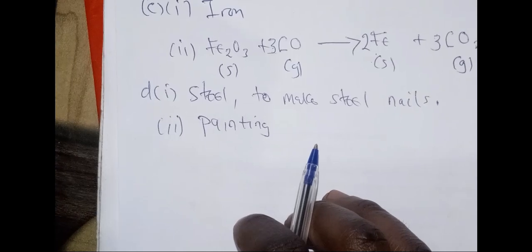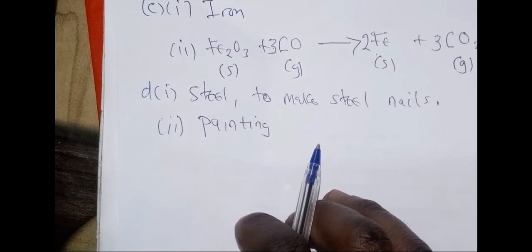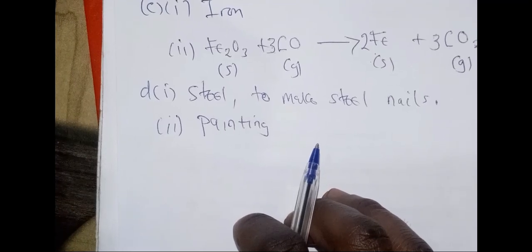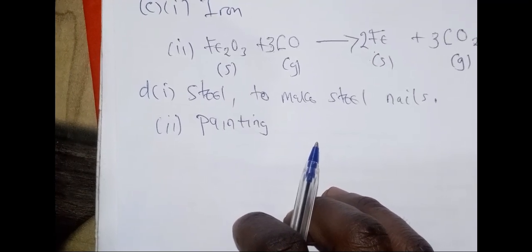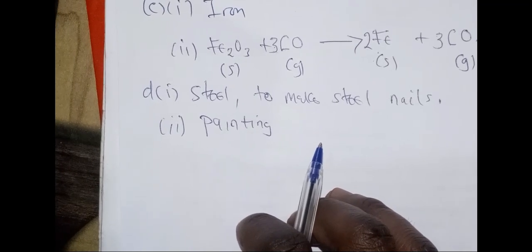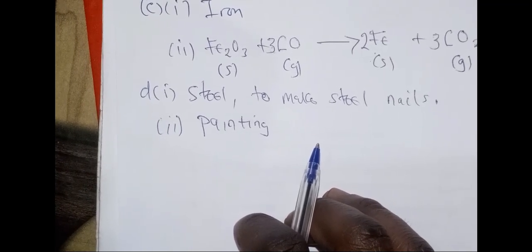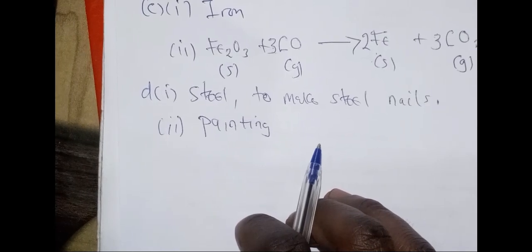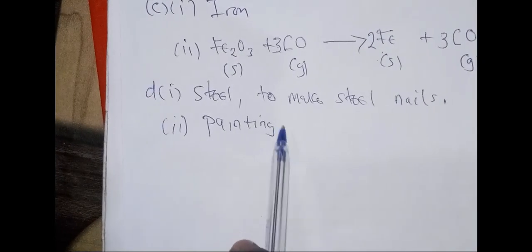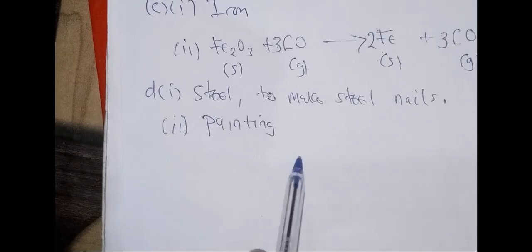It's by painting. So most roofing sheets are painted so that the oxygen and the water cannot come in contact with the iron metal, so that corrosion cannot take place. So by painting, we protect our iron metal.